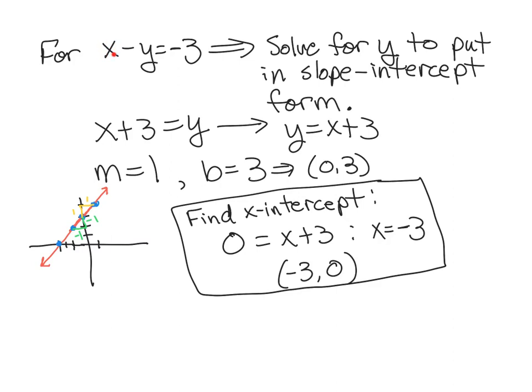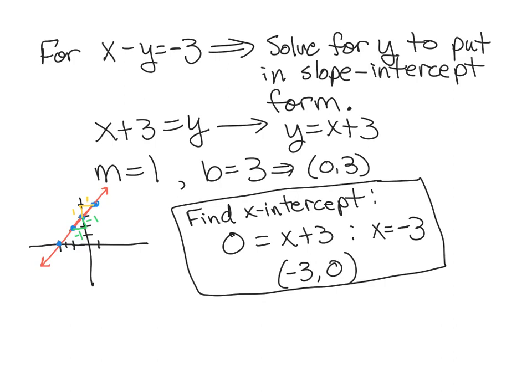I want to try covering up the x value, because if I make x equals 0, I'm going to get my y-intercept. So if I erase that x for a second, you see that y equals 3. Well, I'm going to plot that point on my graph right here. Okay? Now, let's put that guy back.